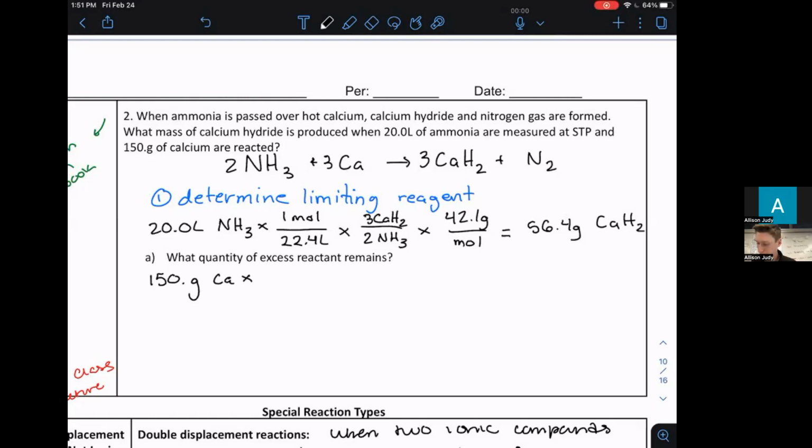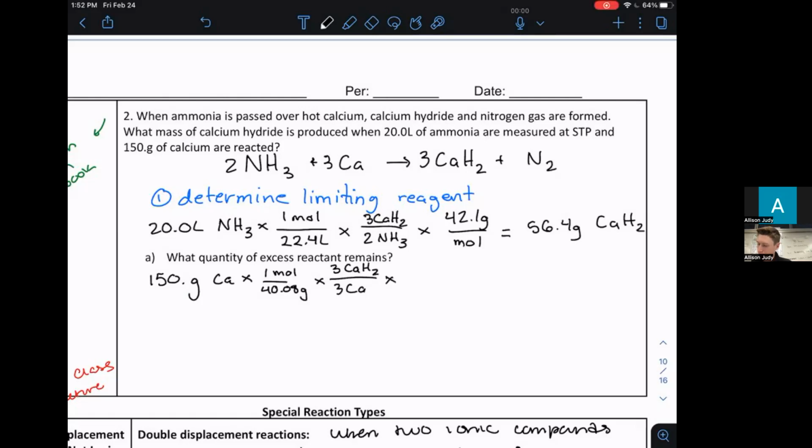So that's 40.08 again. 1 mole for every 40.08 grams of calcium. And then we're going to use our molar ratio as we do in stoichiometry. So for every 3 moles of calcium, we have 3 moles of calcium hydride.